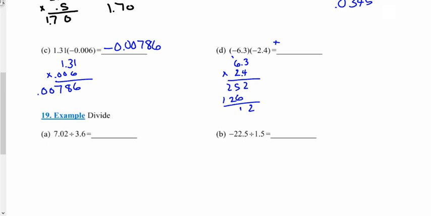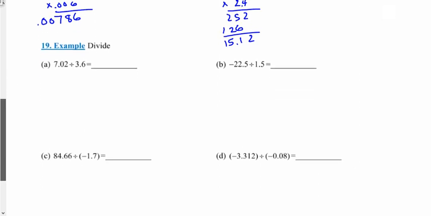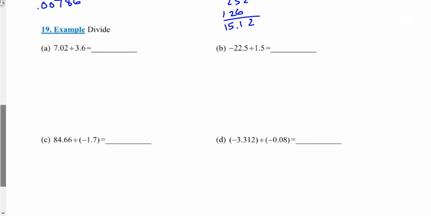Okay, and just a little multiplication. I get 1512. Remember we said we'd have 2 decimals. That means the decimal must go there, and I get positive 15.12. Remember, we don't have to write the positive. I just put it there so we remember that it was.